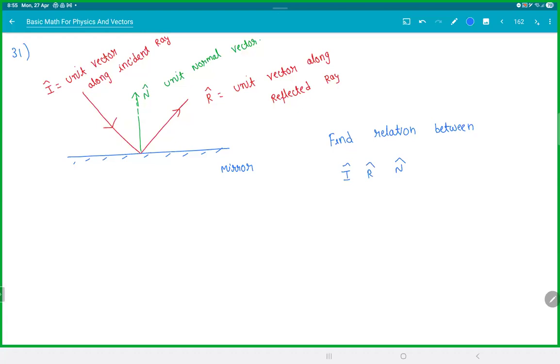How do we approach this? I cap, N cap, back. Why it is 0?